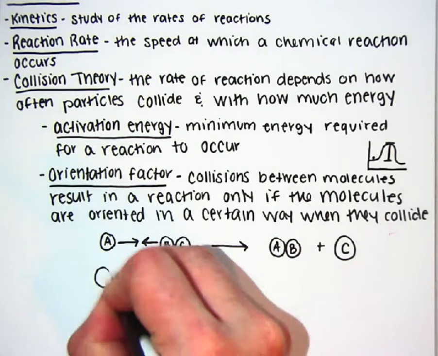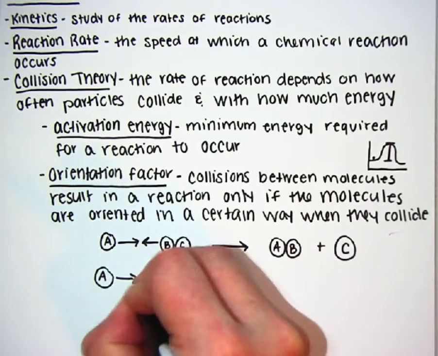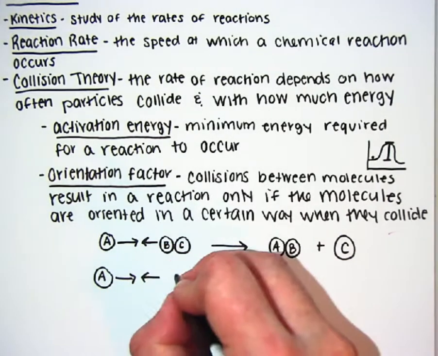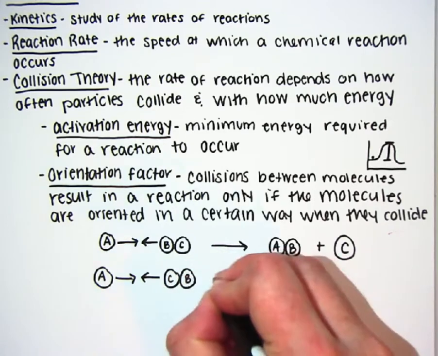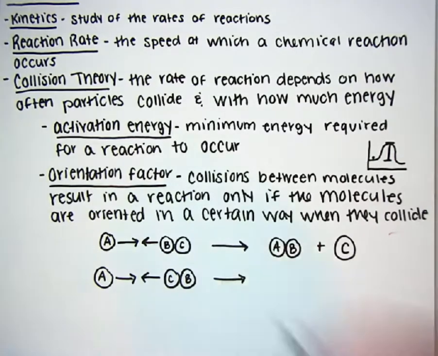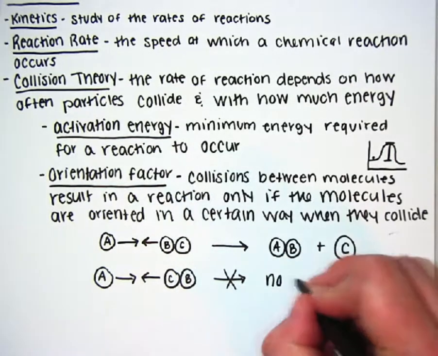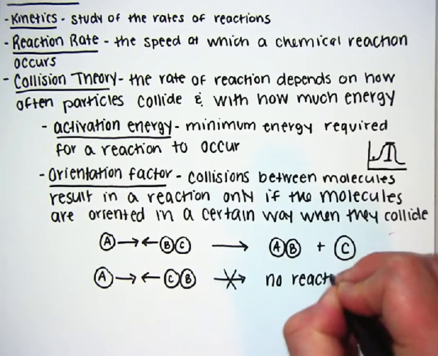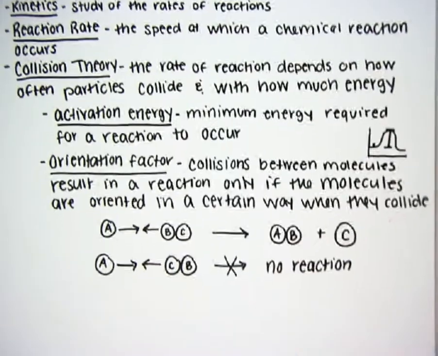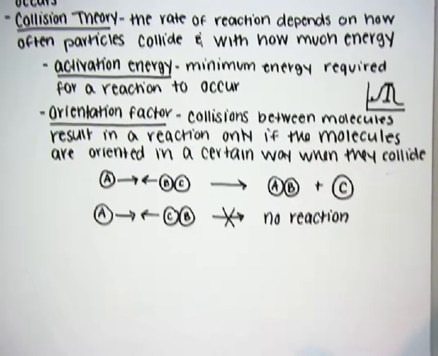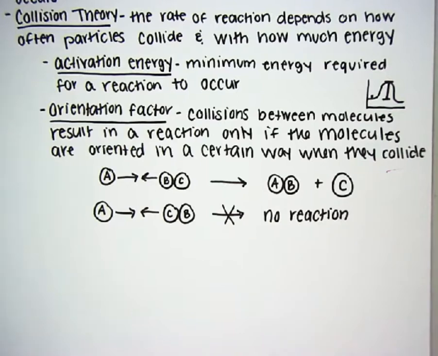So now, let's say A was to collide with C. Well, here we would say no reaction. If we are trying to produce compound AB, A needs to collide with B. So if they don't collide in the correct orientation to where we can form that product, or if they don't collide with enough energy, that reaction may not occur.